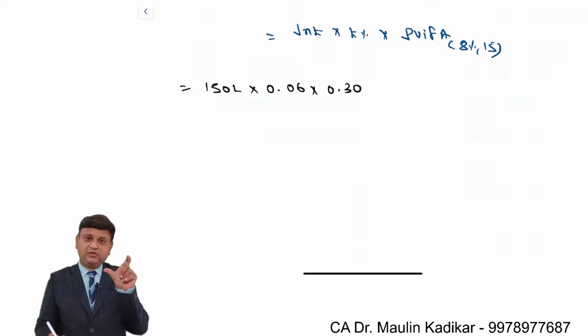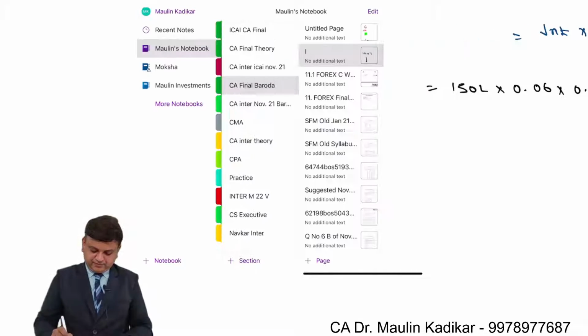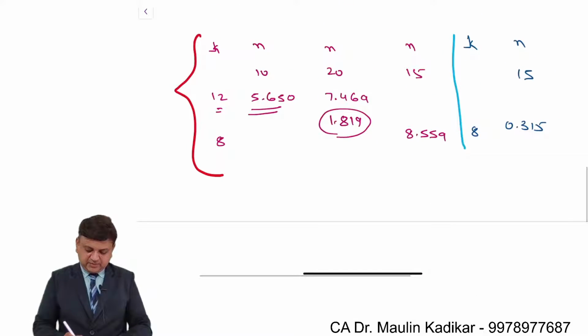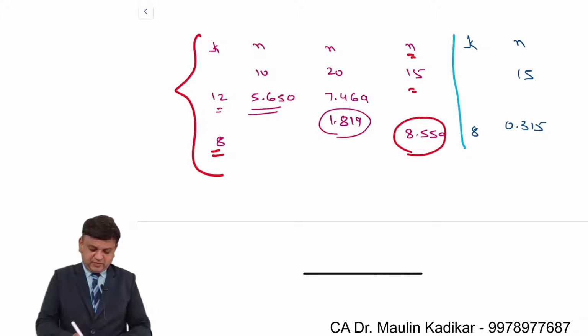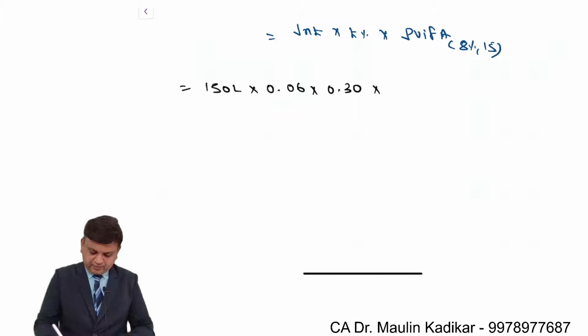So interest into tax rate, that is the interest tax saving, into PVIFA at the rate of 8% for 15 years, which is provided over here. 8% is the cost of capital, time period is 15 years, is 8.559.